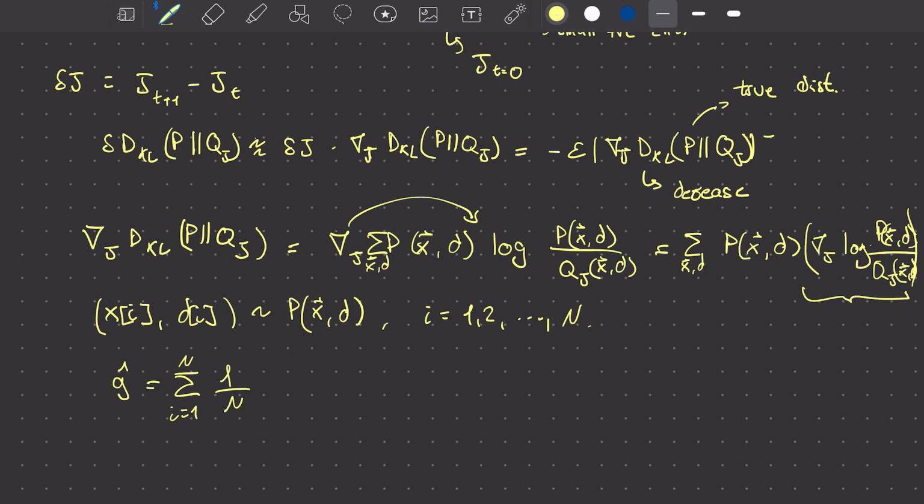We're just gonna add this term to remove bias, and then this is just gonna be the gradient of the logarithm, this time in terms of the parameters that have been sampled for each of the i's.